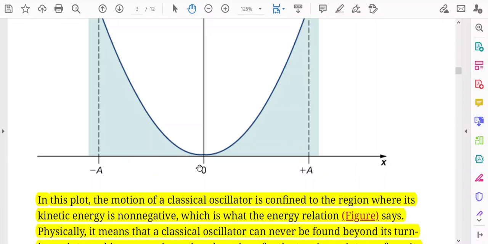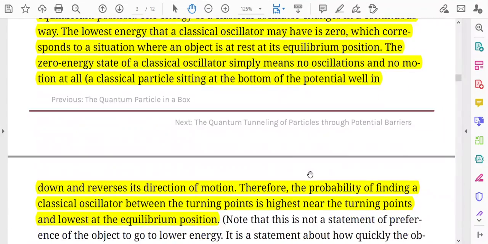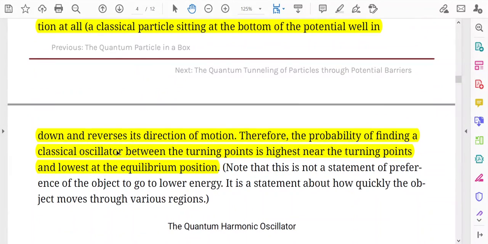Suppose from the equilibrium position the particle goes to this turning point, and after reaching it, it again changes its direction towards the equilibrium position. So at the turning points, the reversing of direction happens. This is very important: at the turning point the particle or object reverses its direction of motion.